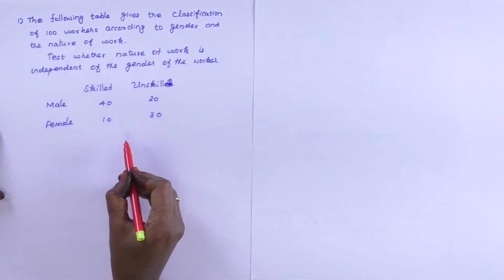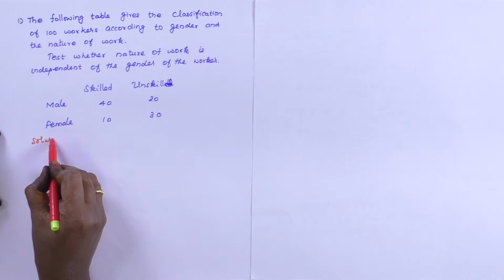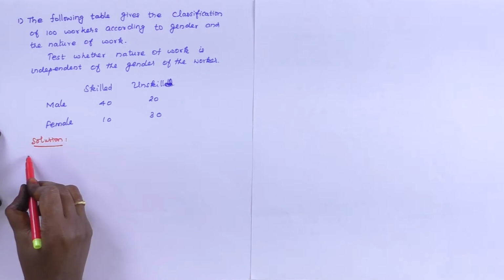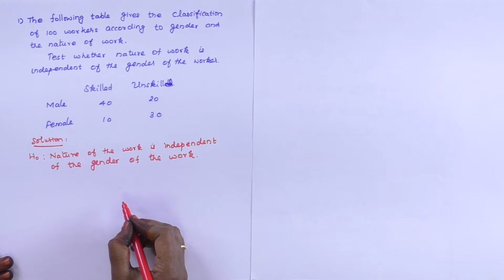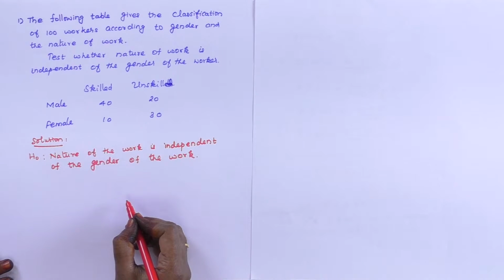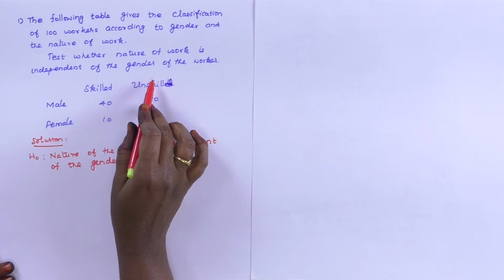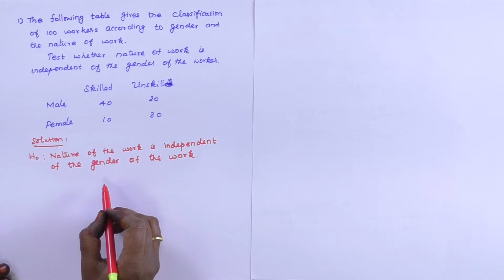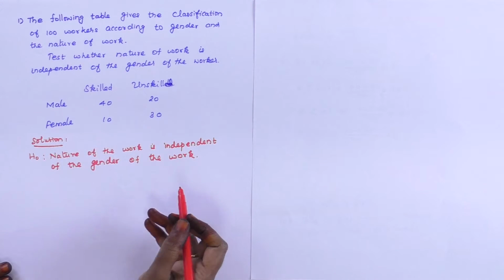First we set up the null hypothesis and alternative hypothesis. The null hypothesis H naught: the nature of the work is independent of the gender of the worker, that is, there is no significant difference between them.